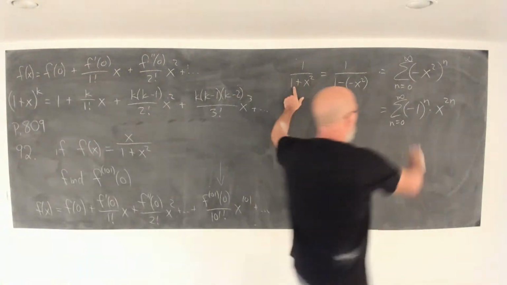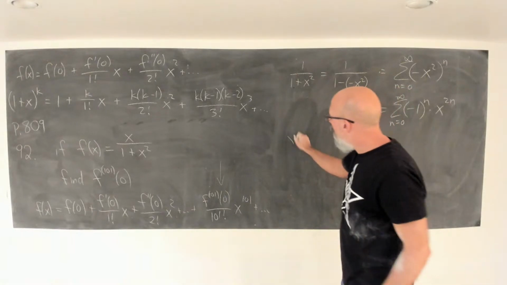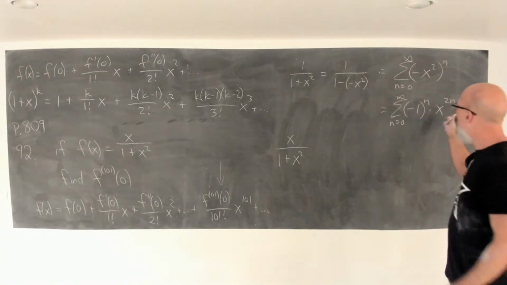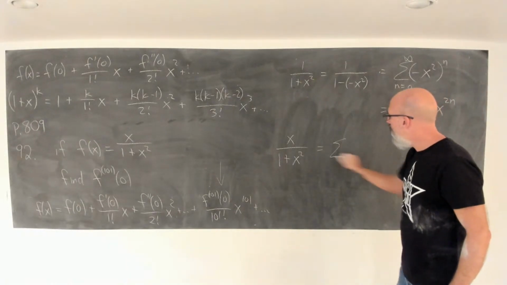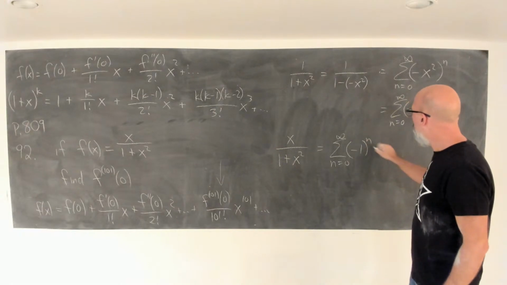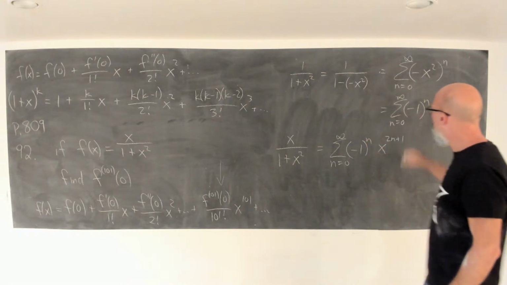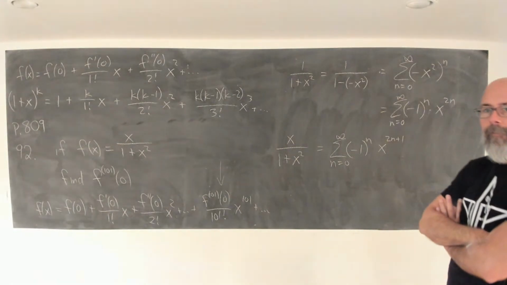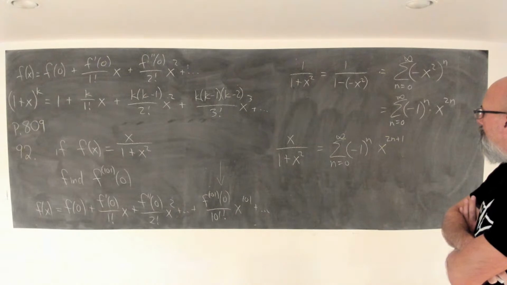Right, so we have this is equal to that, multiply everything by x. You knew where we were headed with that. X to the 2n plus 1.